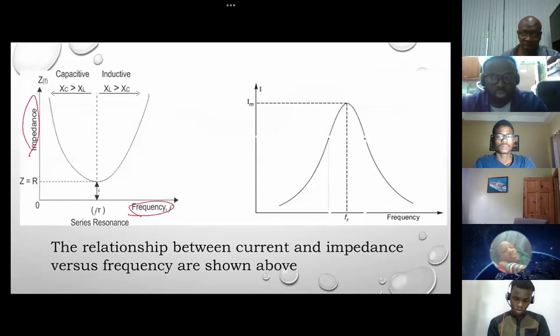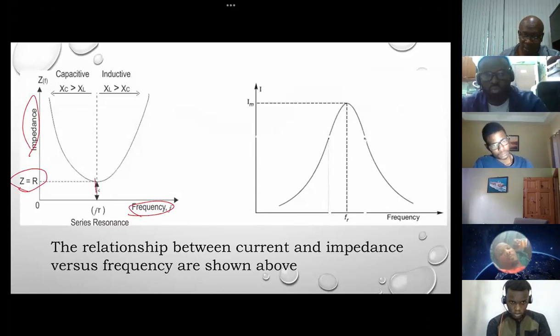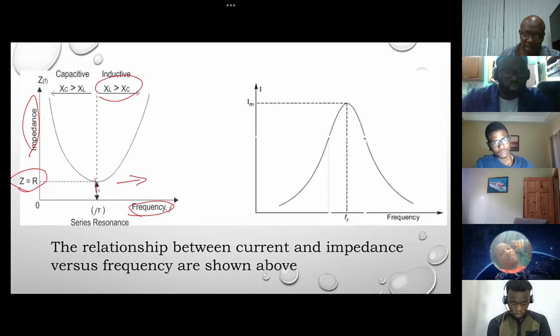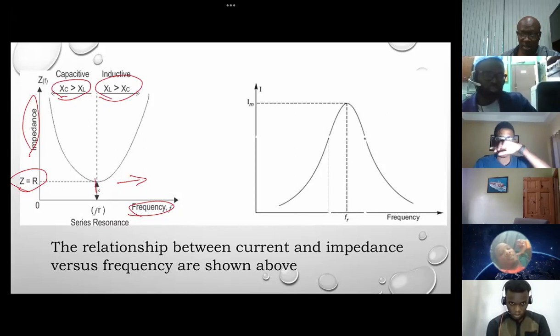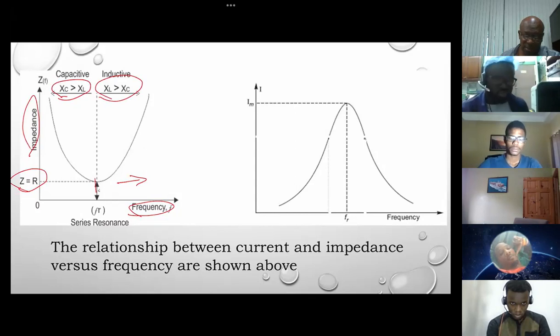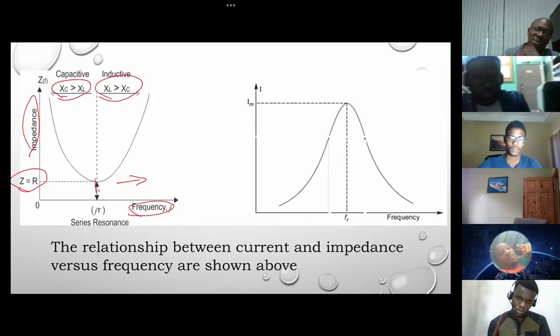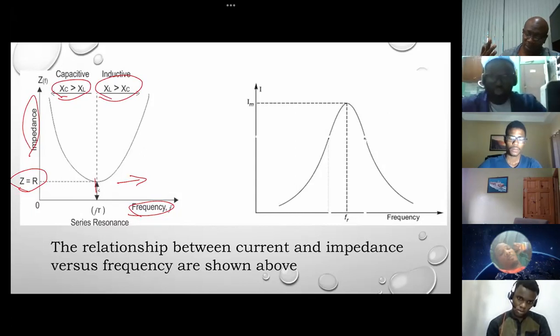For impedance versus frequency, at FR, Z is equal to R. Above FR, XL is greater than XC. Below FR, XC is greater than XL. So we have minimum impedance. To the right, more inductive, to the left, more capacitive.